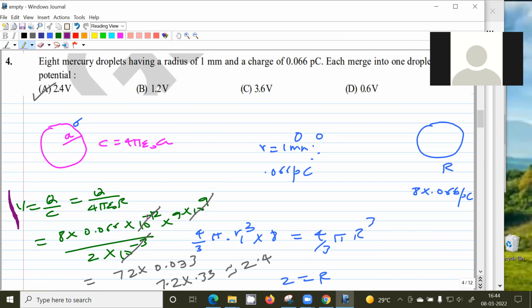Okay, so 10 raised to minus 3 will cancel this one. 9s are 72, and this is 0.033. 2 will cancel with this one. So this is 7.2 into 0.33, approximately 1/3 of 7.2. So 3 2s are 6 and then 12, so 3 4s are 12. So approximately 2.4. 2.4 is the answer.